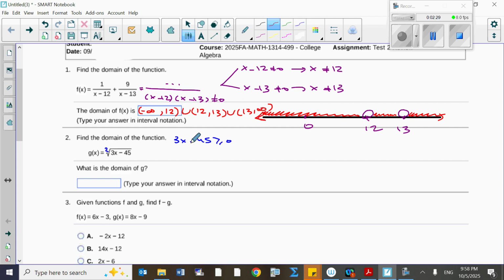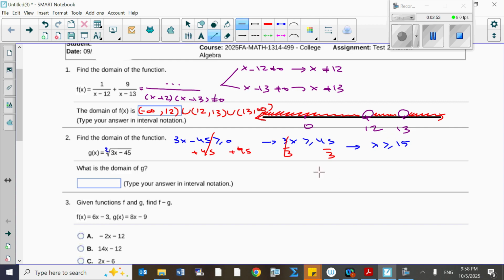Now act like you have a normal equation and solve for x. So this will be 3x greater than or equal to 45, and then we divide by 3. x will be greater than or equal to 15.